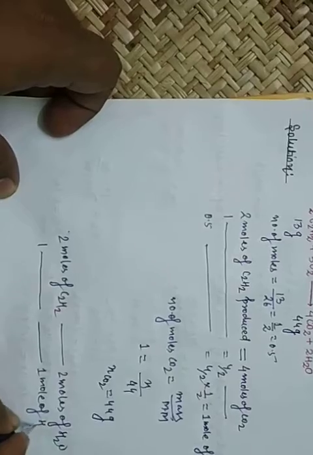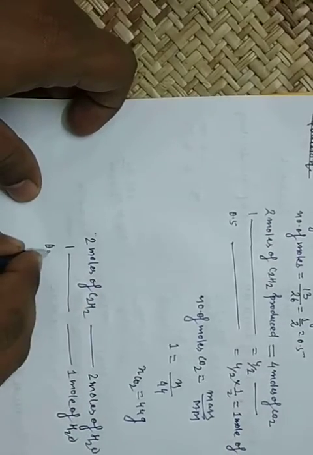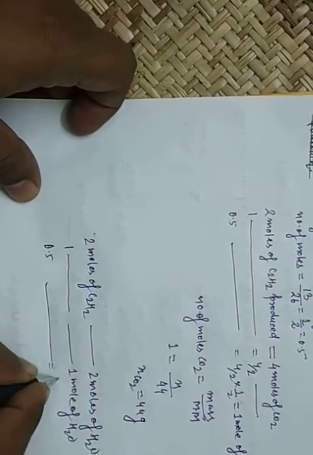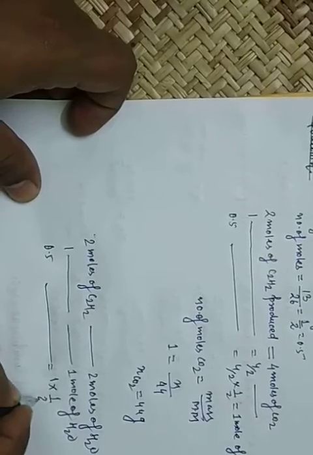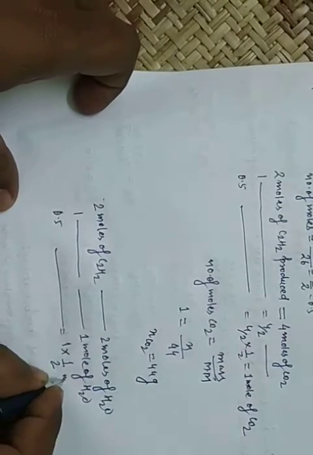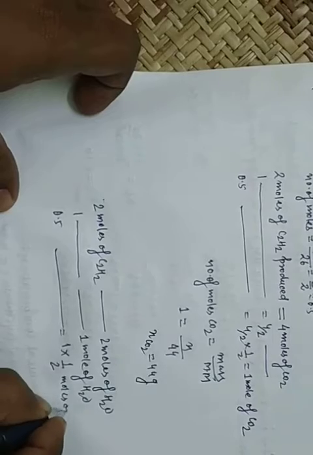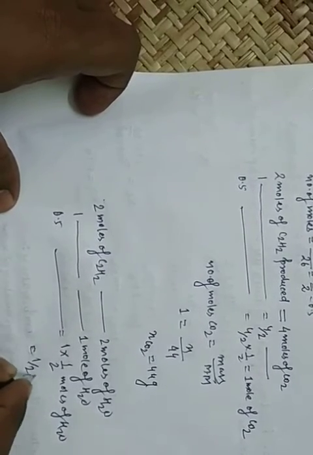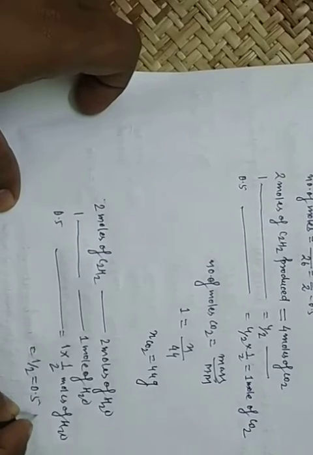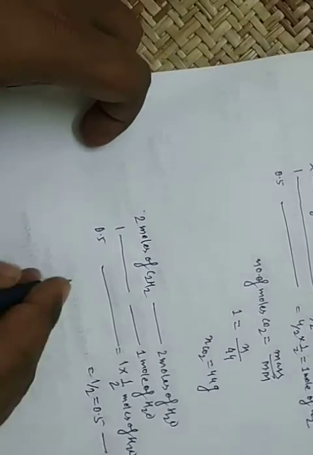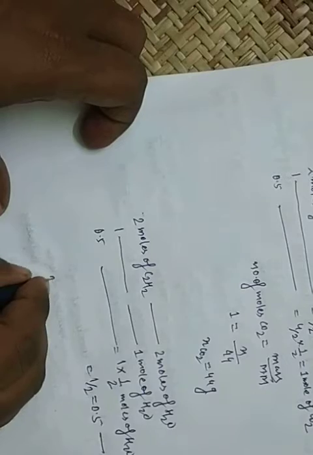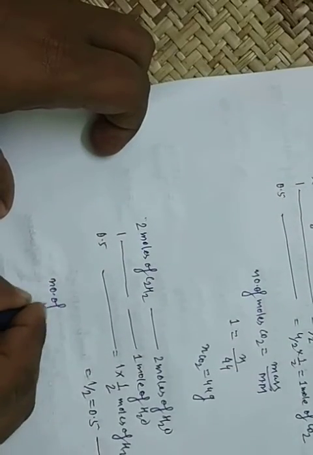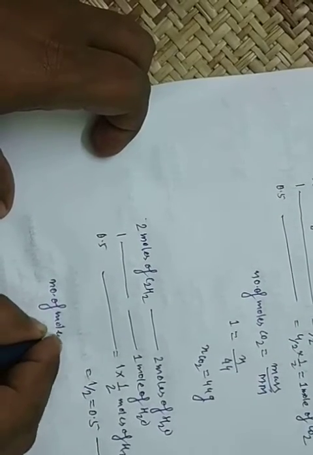Now here 0.5 mole is given, so 0.5 into 1 gives 1 by 2 moles of H2O, that is 1 by 2 or 0.5. Clear?